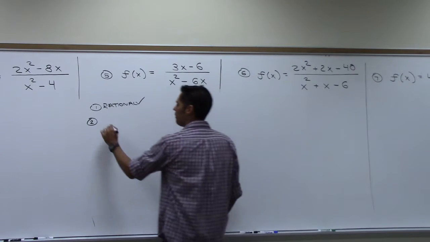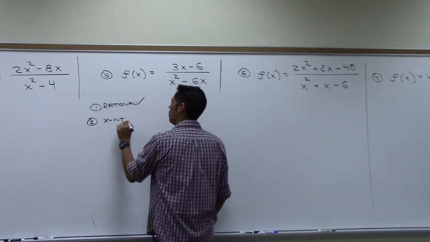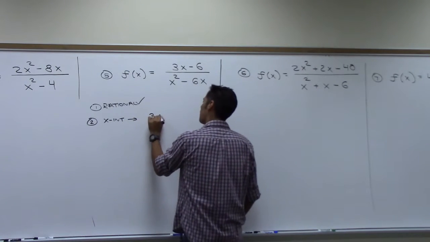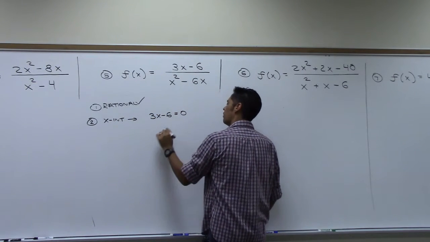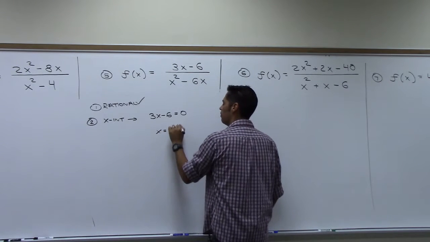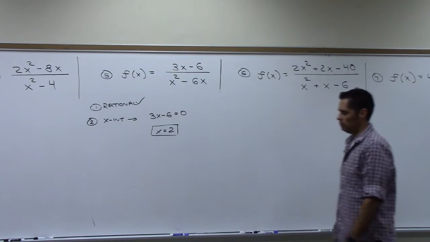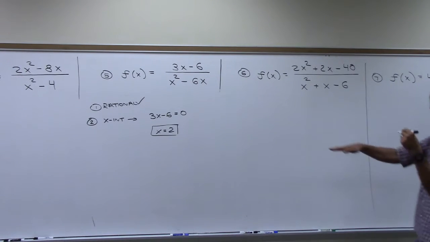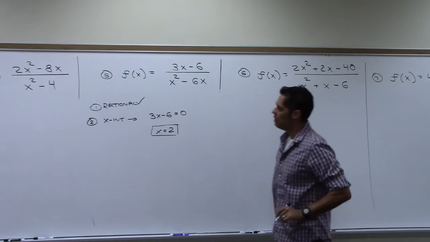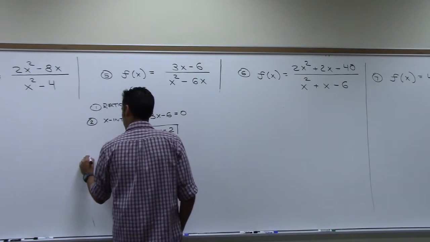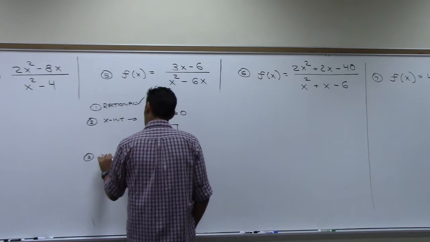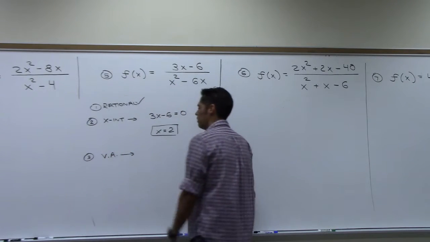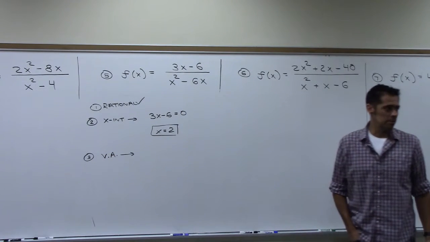And to do that, set the numerator equal to 0. Solving, you should get 2. Move the 6 over, divide by 3, you're done. That's going to be a point that lives on the x-axis, right? What's the next step? Vertical asymptotes. How do we find those? Set the denominator equal to 0.